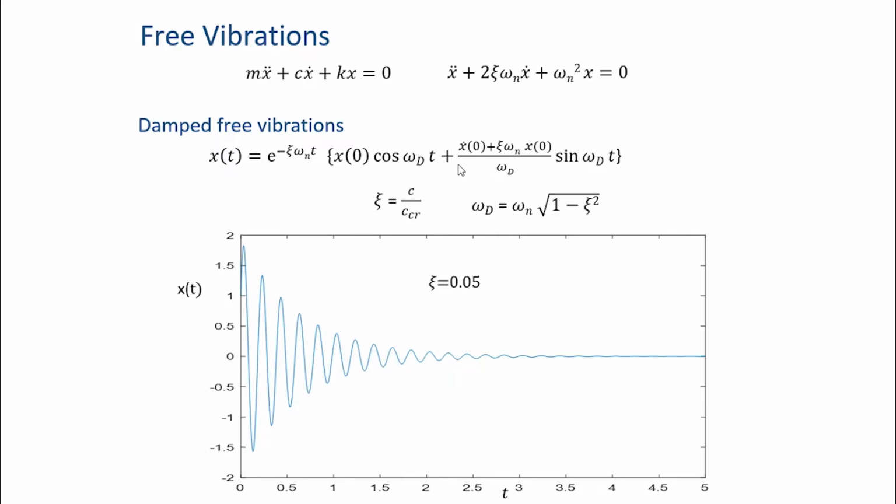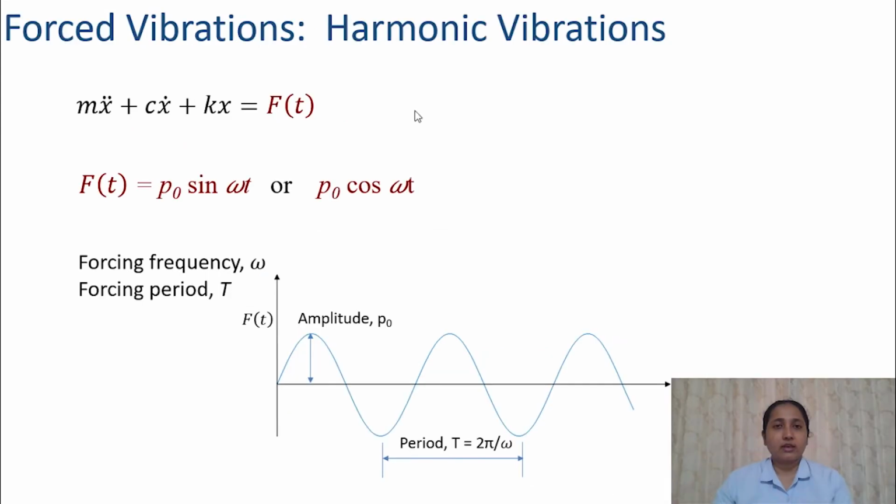So here we have the initial velocity, and the second term is depending upon the damping and the initial displacement. So this is how the vibration of a damped system looks like, and it decays with time, and after some time the vibration stops.